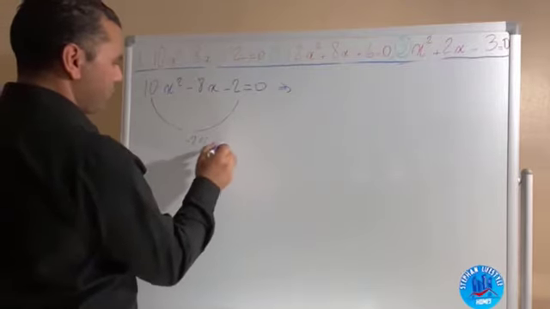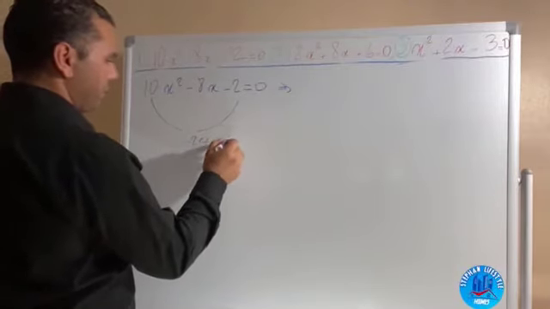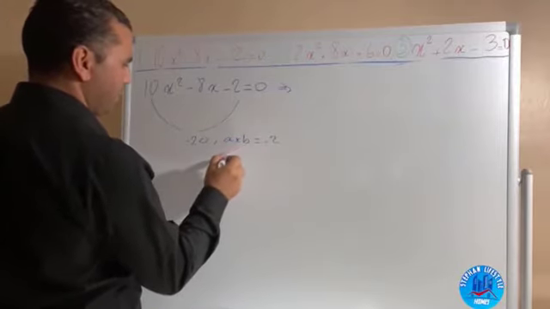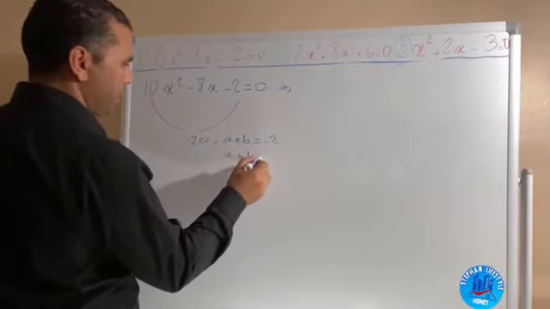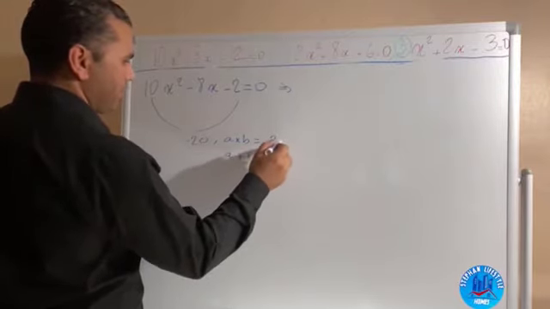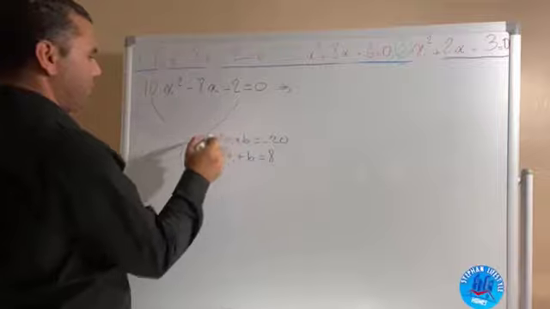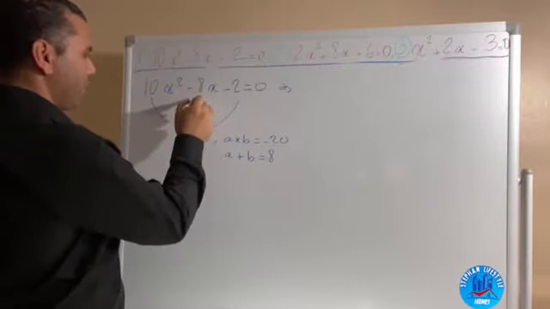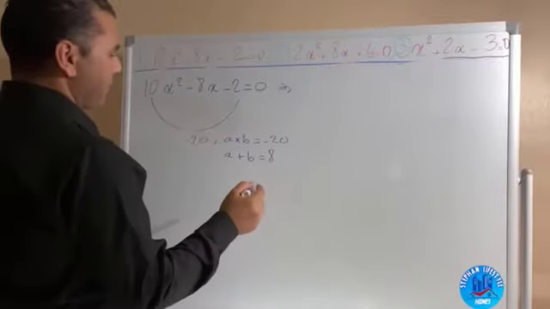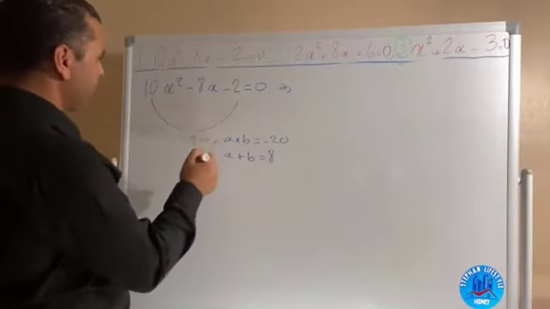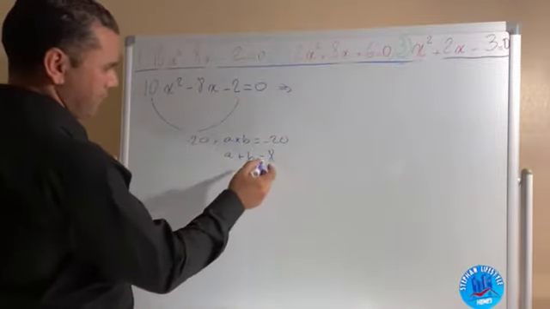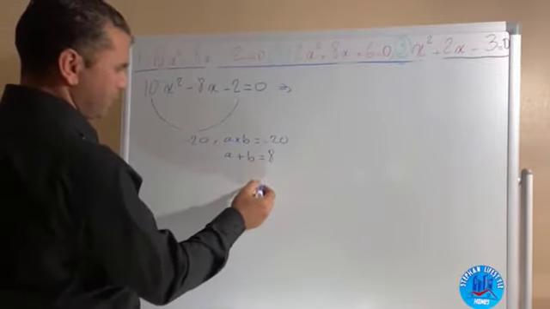So we find two numbers, a and b, where a times b equals minus 20, and a plus b equals minus 8. So we need two numbers that, when you add them to each other, give you minus 8, and when you multiply them, give you minus 20.